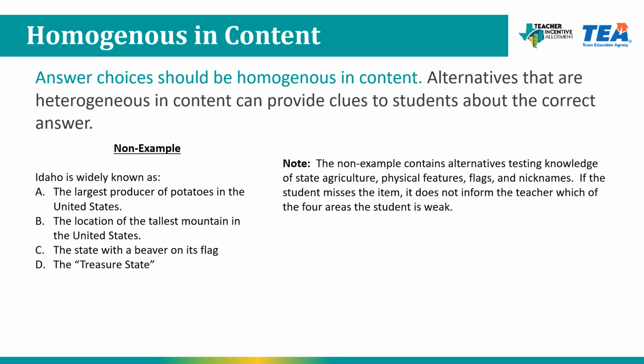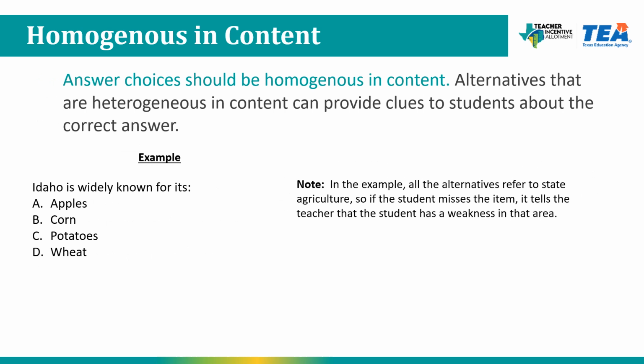Homogeneous answer choices allow the assessment to precisely pinpoint the area where a student needs improvement, offering more actionable insights for educators. In the revised example, the answer choices were reworked to focus solely on the topic of state agriculture.